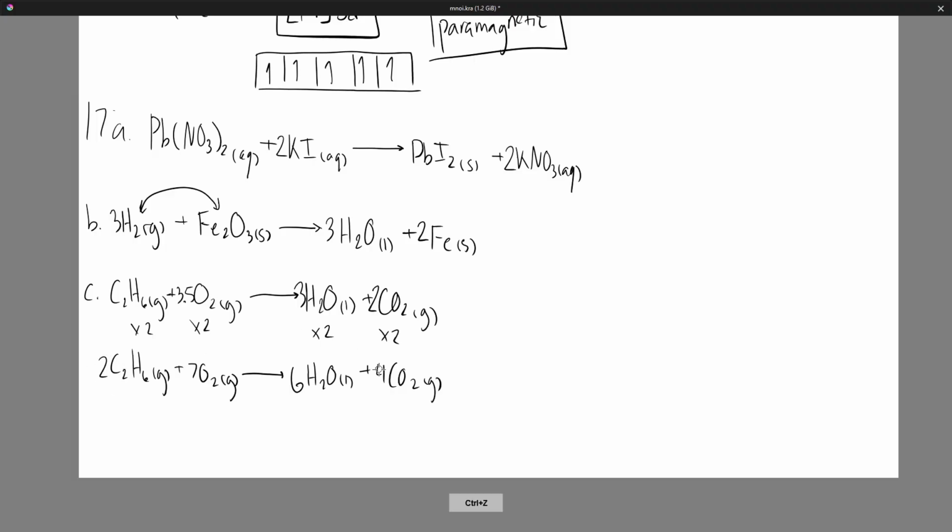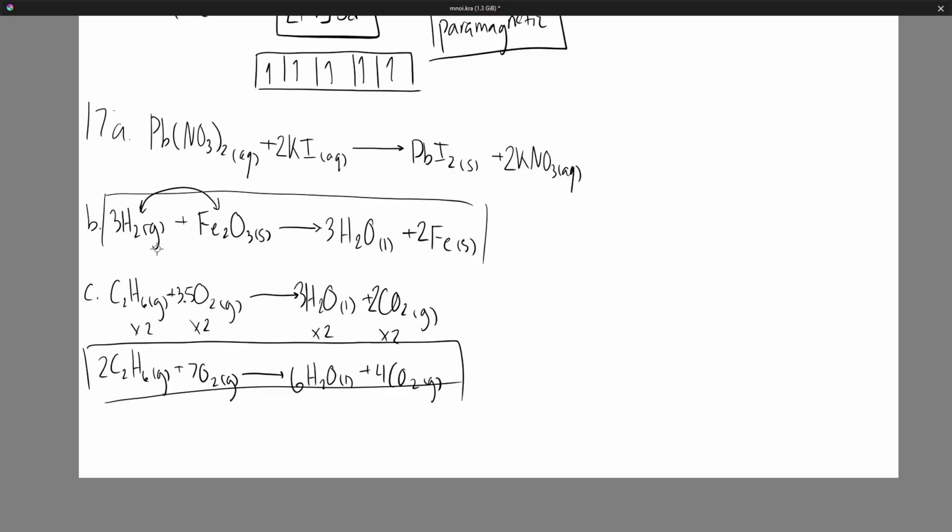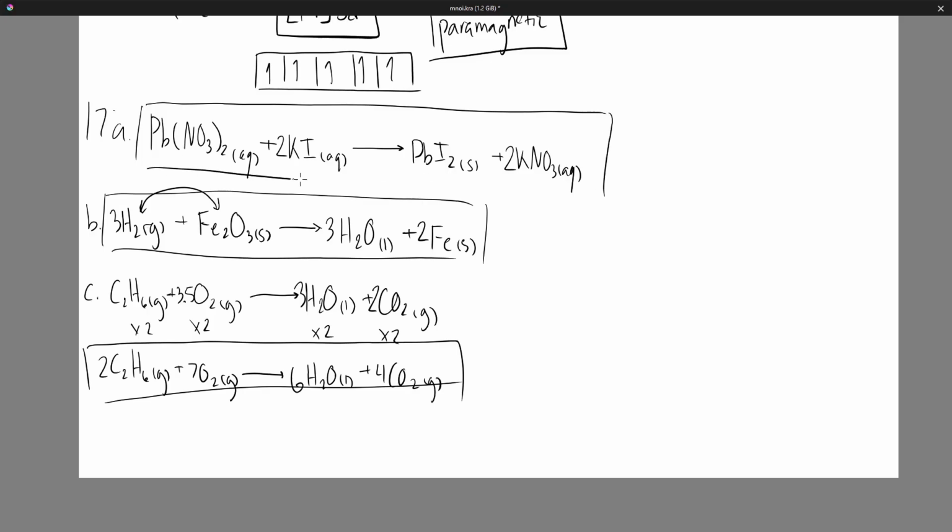So 4 carbons, 12 hydrogens here, 14 oxygens, there's 6, 8, yeah, 14 oxygens. This is good. So let's go ahead and box this. I think on the exam you won't have to box it, but it's better safe than sorry. And that should be it for 17.